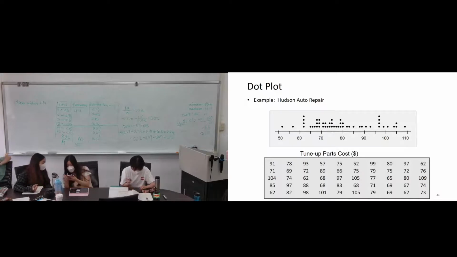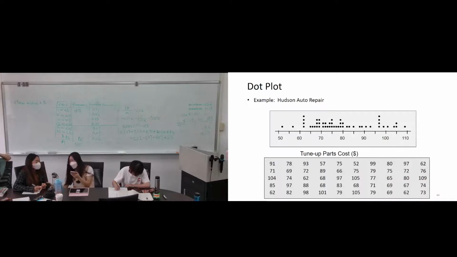And then we can draw the dots to specify the parts cost. The smallest value is 52, we draw it here. Then 57, it is around here.